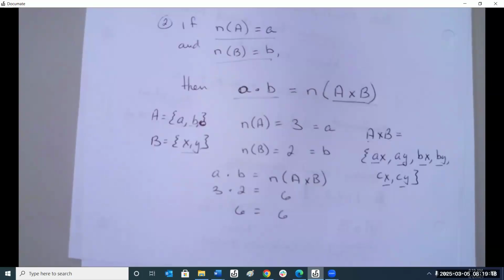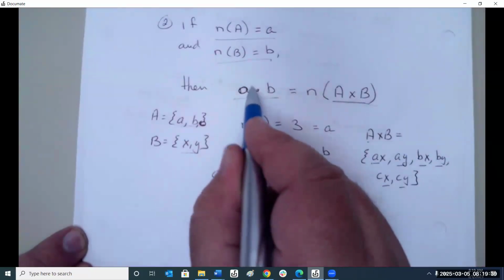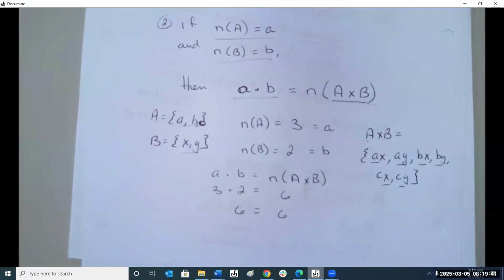Now, how does this relate to what we do with kids in school? This is how we teach multiplication. If we have 3 of these objects and we have 2 of these objects and we multiply them together, how many do we have? Well, adding is easy. 3 plus 2 is we have 5 objects. But how do we do this with multiplication? This is how we do it. We said that each element you have in the one hand multiplies each element in the second hand.